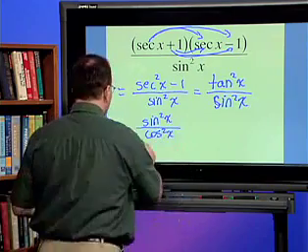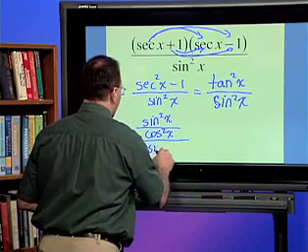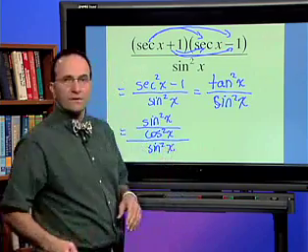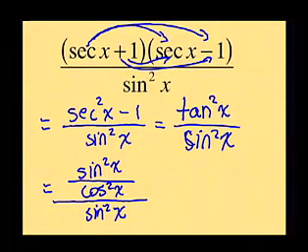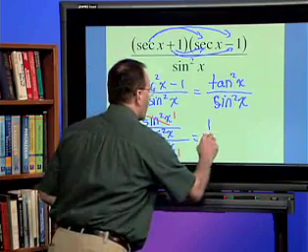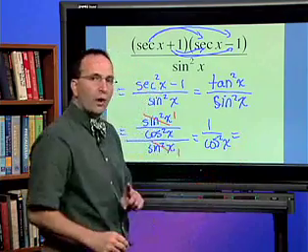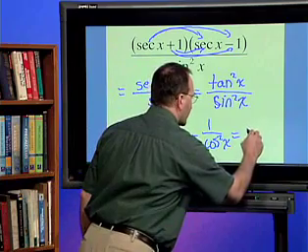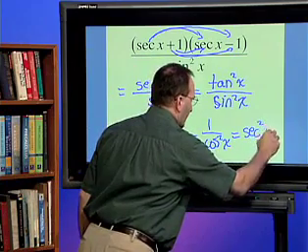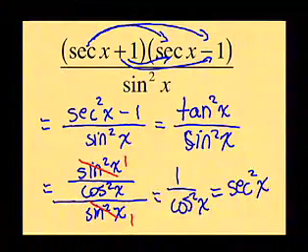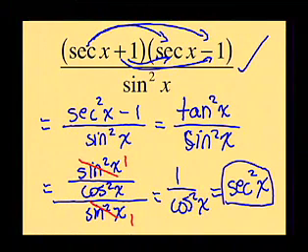And that's all still over sine squared of x. But now my sine squareds can cancel to 1, right? So that this entire expression becomes 1 over cosine squared x, which we can go one step further and say that that is equal to secant squared of x. So this entire expression here all simplifies to secant squared of x.